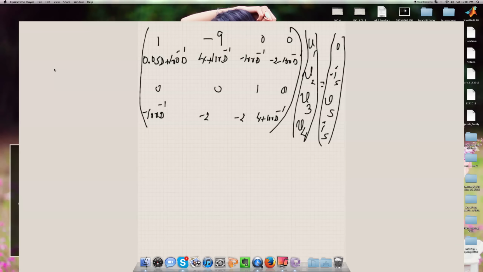So primarily it is Ohm's law expressed in matrix form: 1, minus 9, 0, 0; 0.05 d plus 100 d minus 1, plus 4 plus 100 d minus 1, minus 100 d minus 1, minus 2, minus 100 d minus 1; and then minus Is on the other side, 0, 0, 1, 0, Vs on the other side, minus 100 d minus 1, minus 2, 4 plus 100 d minus 1, for Is.